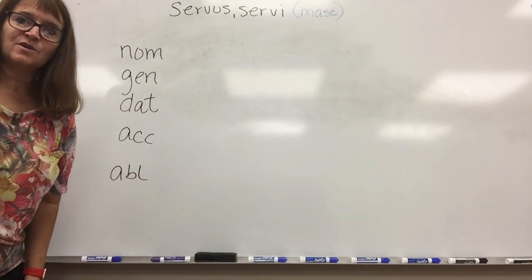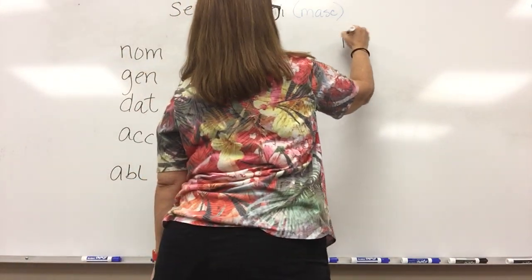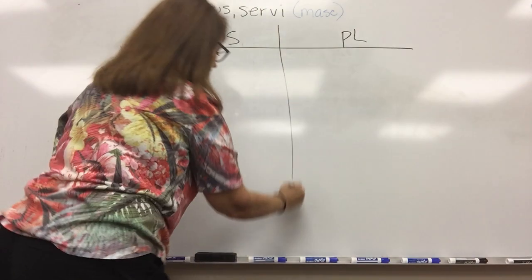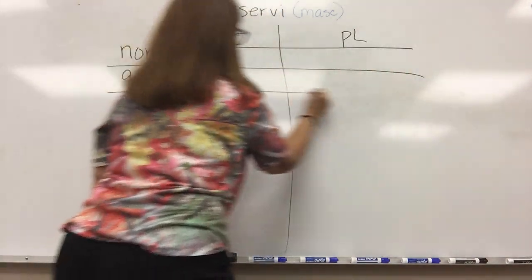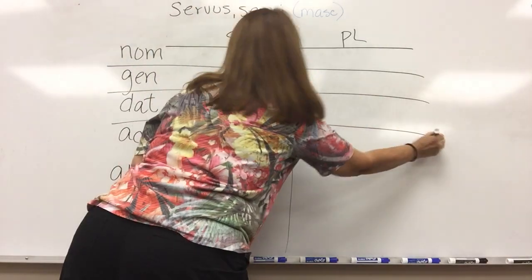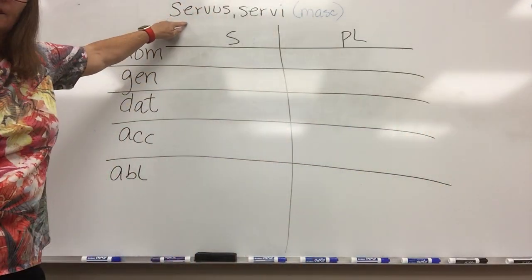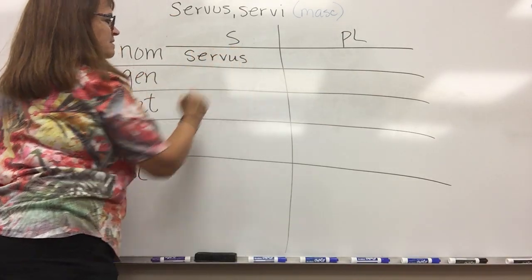Make sure you can see those. We're going to have singular and plural. Okay? Let me see if I can get a good chart going here. Okay. So we always take the first one and we write it in the nominative singular, servus.